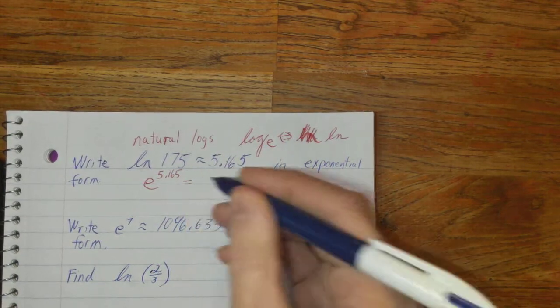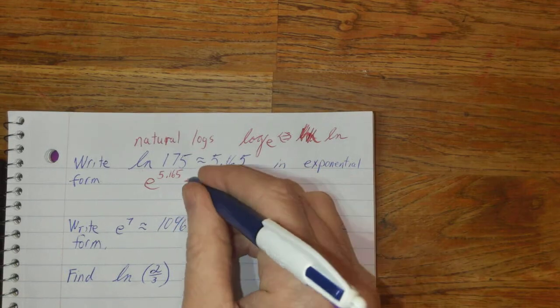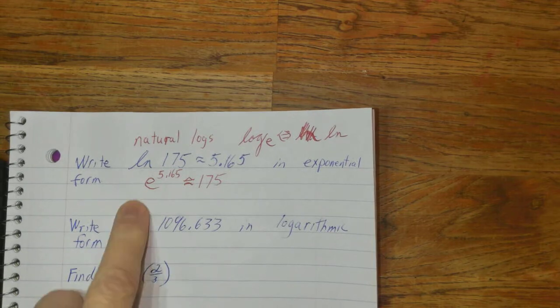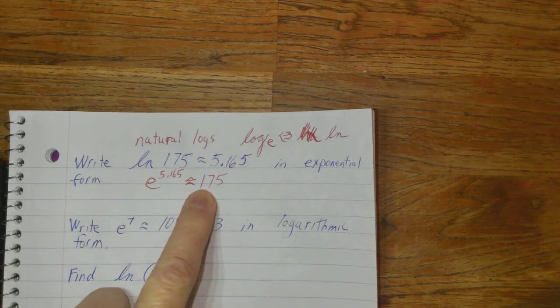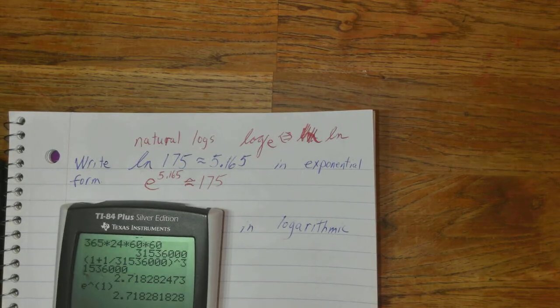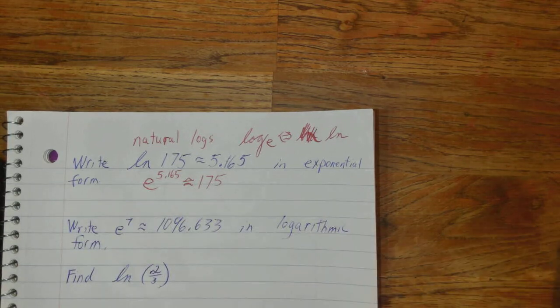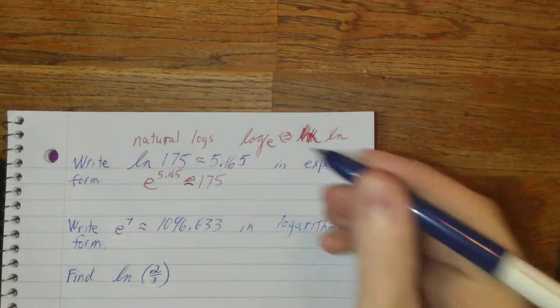If I take e to the 5.165, I should get something very close to 175. In fact, I'm going to check that. e to the 5.165 power is 175.03. So that is approximately that.